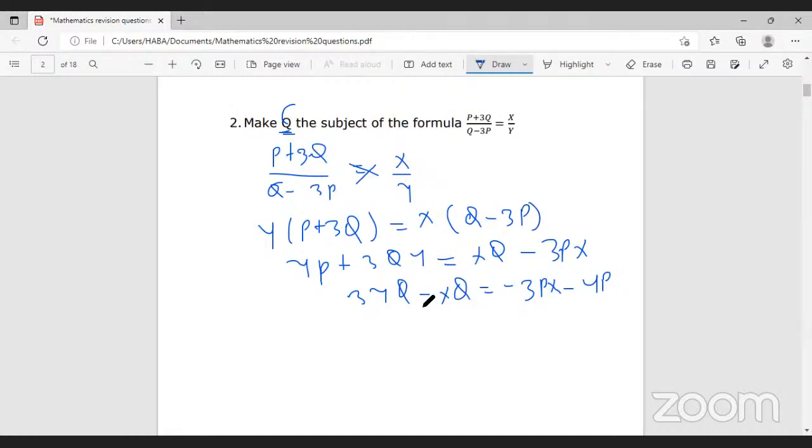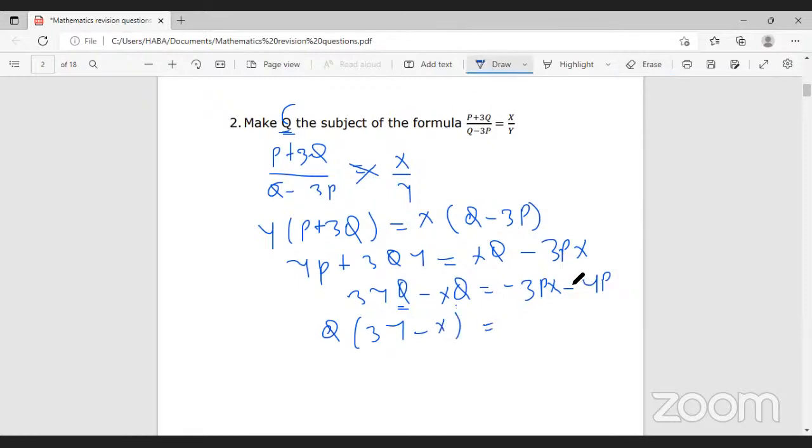Okay. So after this, since Q is common, we are going to factorize it out. So we have Q times (3y minus X).